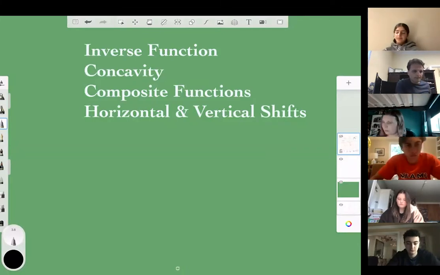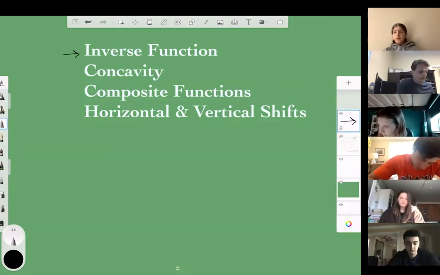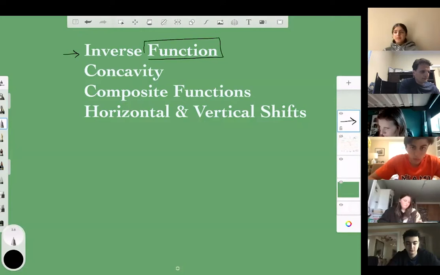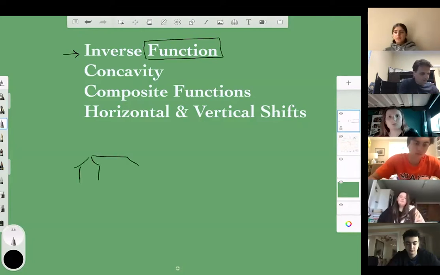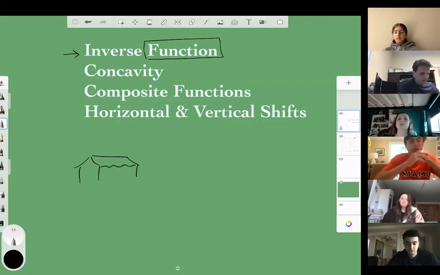So let's talk about inverse functions. A function has input and output. I'm going to draw my favorite factory.